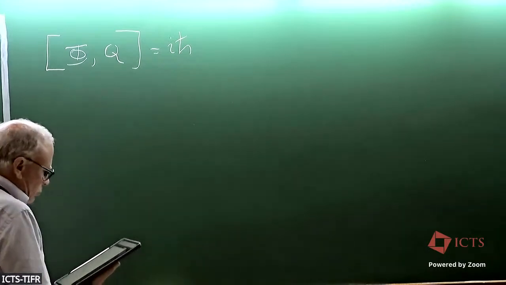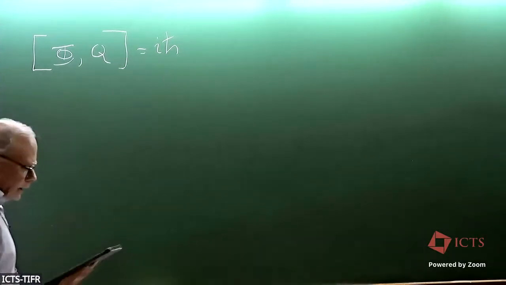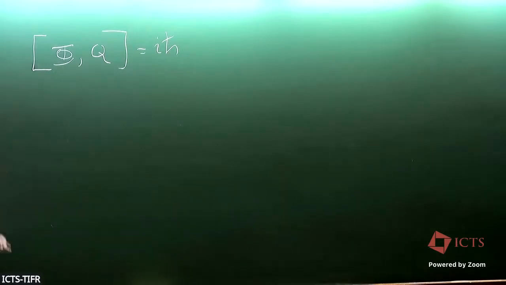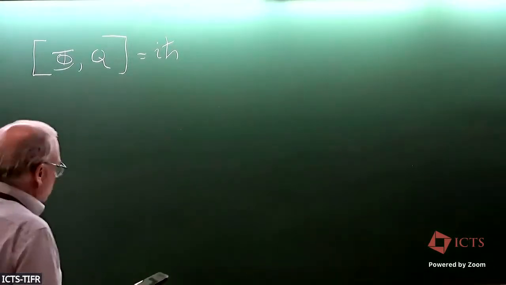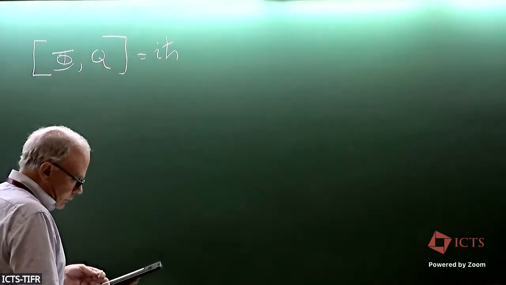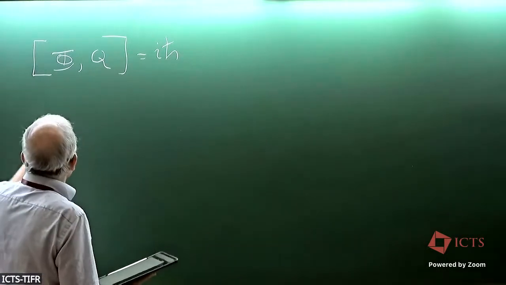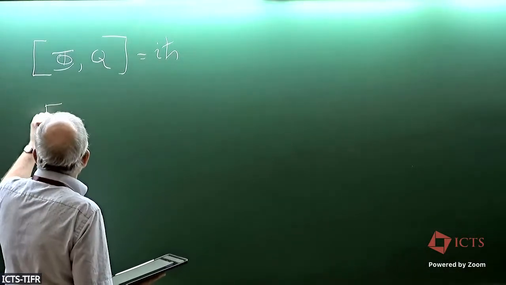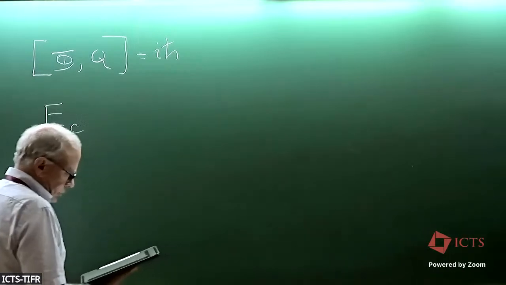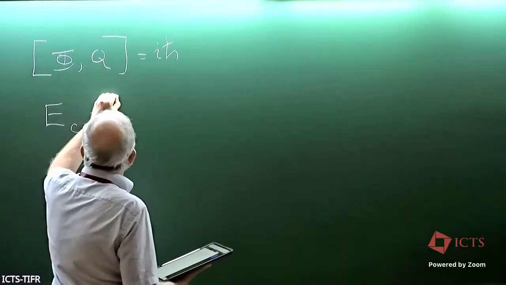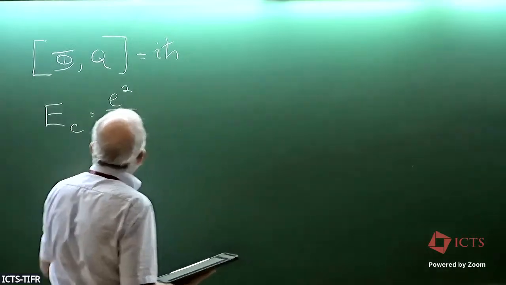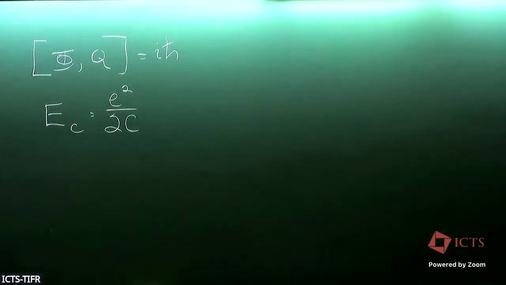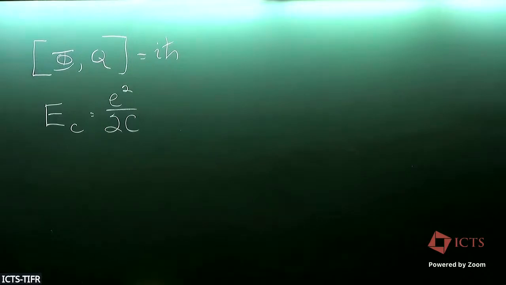So let me just do this. I will also immediately jump a few weeks forward in the quantum mechanics lecture, and we'll second quantize this right away as well. But to do this, I introduce a couple of energy constants. There's a so-called charging energy, E sub C, and that's just the energy obtained by charging the capacitor with 1 electron. So a simple quantity.